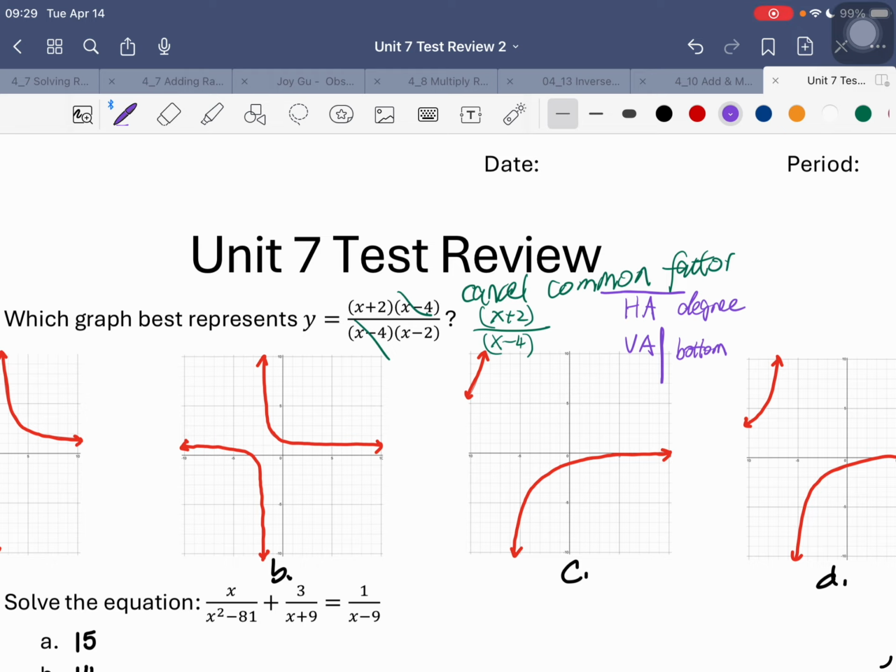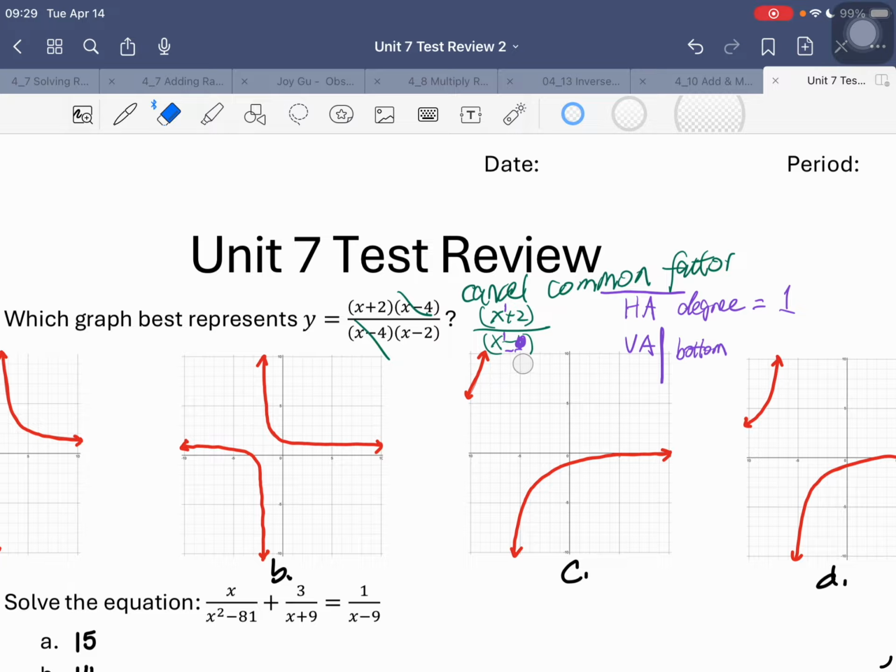Now let's look at the horizontal asymptote. What is the degree on the top? Which is 1. Degree on the bottom is also 1. So horizontal line at 1. And the vertical asymptote, the bottom. Let's look at the bottom. Oh my bad, the bottom is x minus 2.